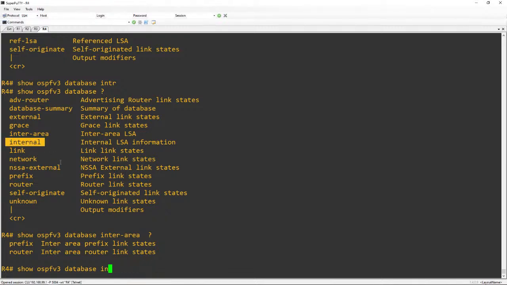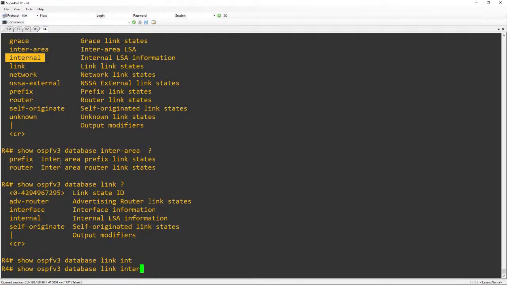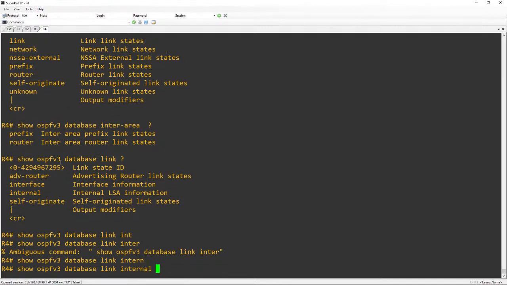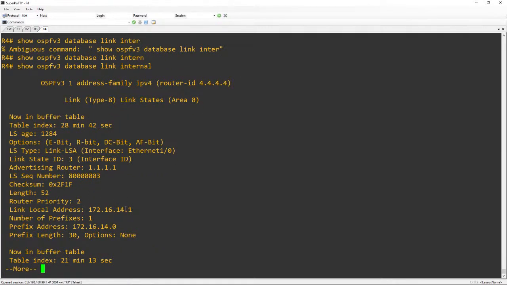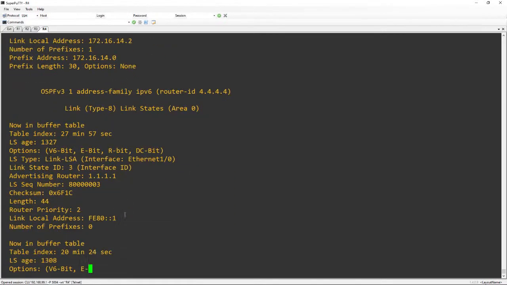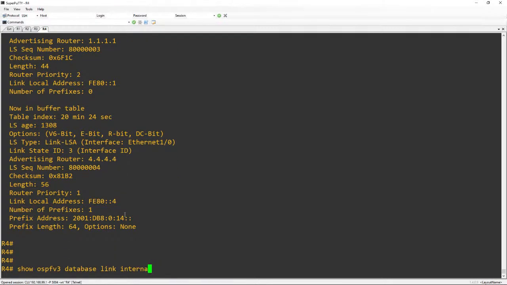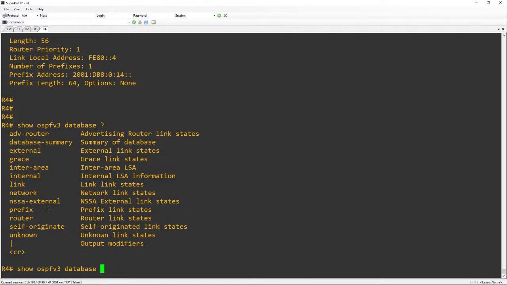No, that wouldn't be internal. Let me see. Link, internal. I think this is, yeah, these are the ones. It's the same as what we saw before. Hold on, I'll get there eventually. I get a little confused because we're running OSPF v3 as opposed to just OSPF v2.